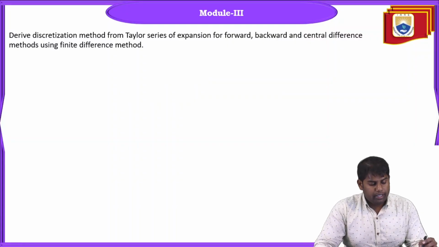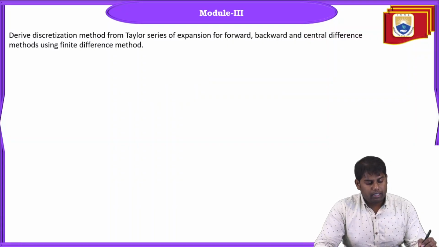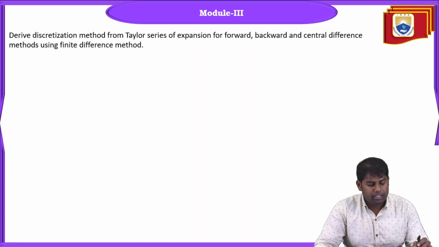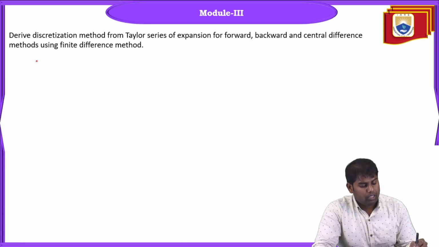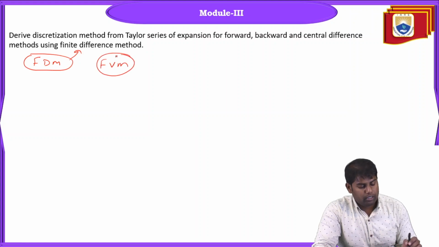Here we need to derive the discretization method from the Taylor series expansion for forward, backward, and central difference methods using finite difference methods. Basically, in computational aerodynamics, there are two methods: FDM, which is called the finite difference method, and FVM, which is called the finite volume method.